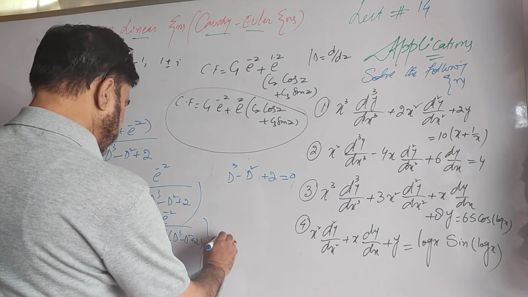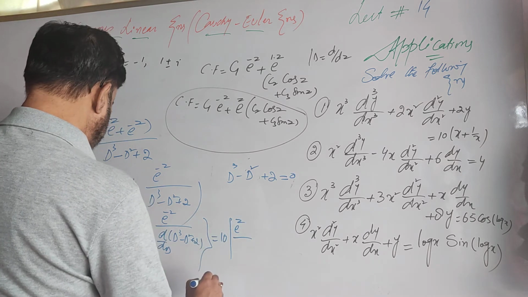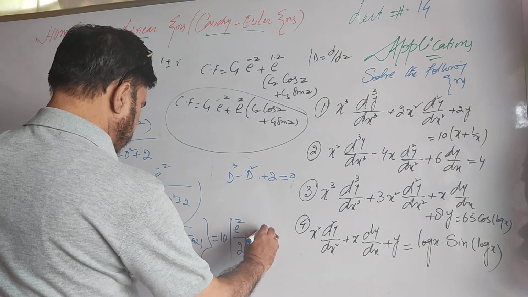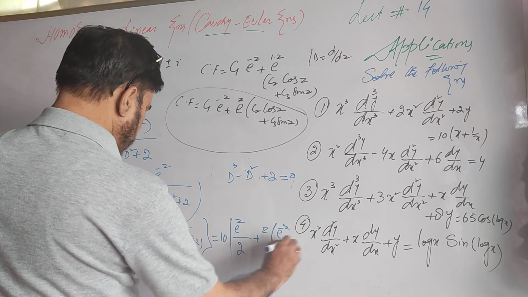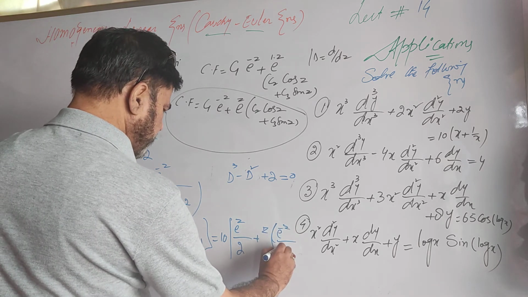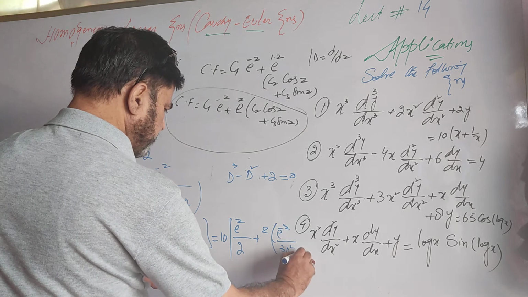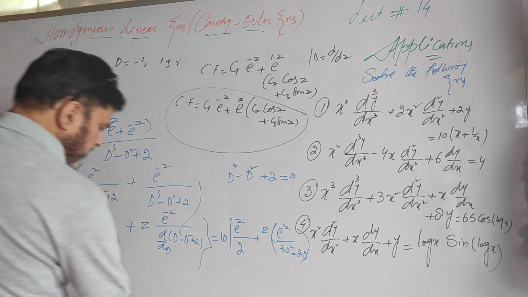This is your 10 e raised to power z by 2 plus z e raised to power minus z by the derivative of this, 3D square minus 2D.